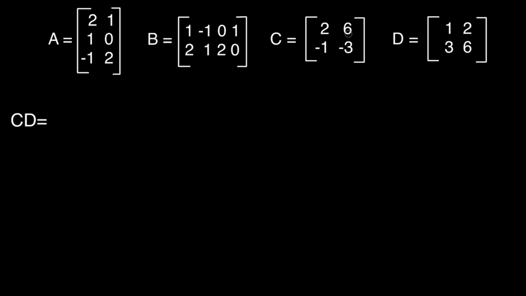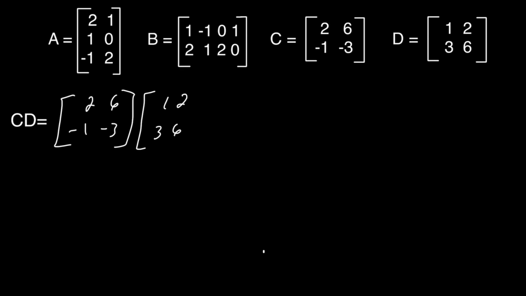What about something a little bit smaller like C times D? Well, we see that this is a 2 by 2 and this is a 2 by 2, so we can multiply these two together. So this is going to be 2, 6, negative 1, negative 3, multiplied by 1, 2, 3, 6. Remember, row, column, row, column. Let's start with this first row, 2 and 6.